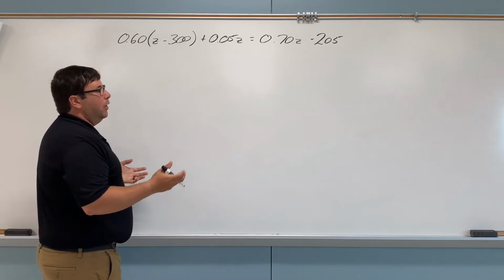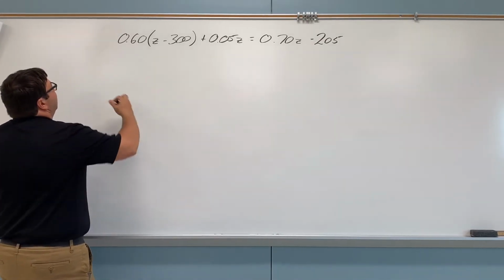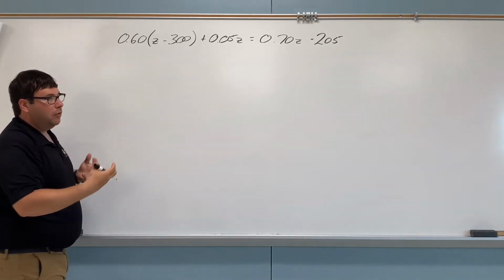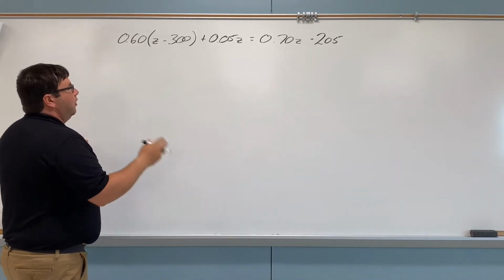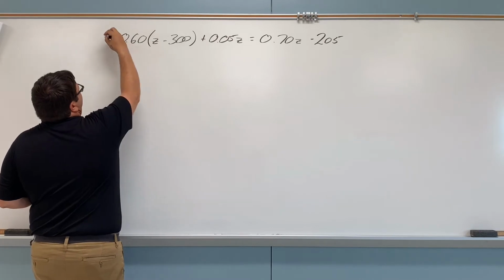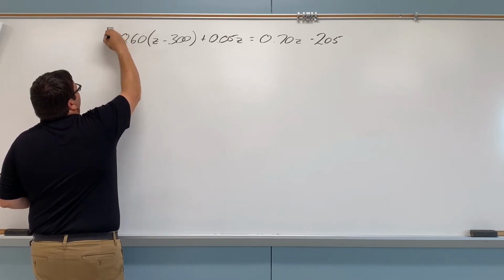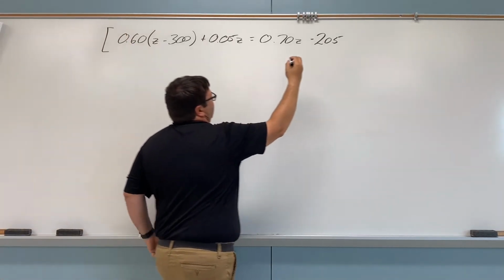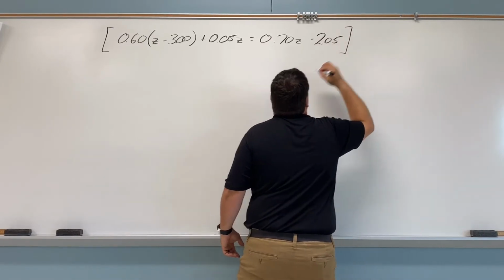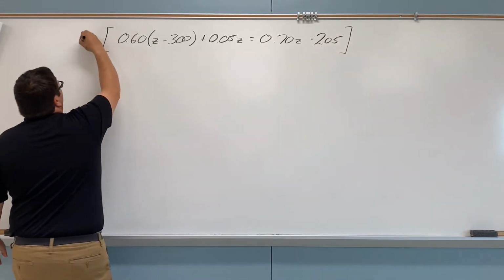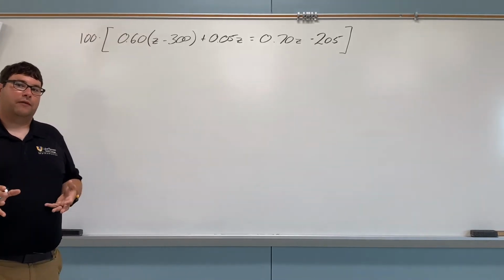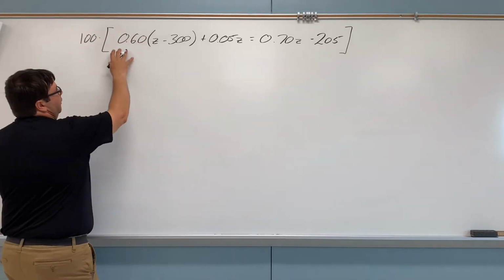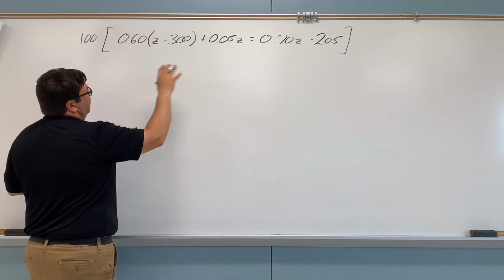To do that, we're going to multiply by 100, because anytime you're clearing a decimal, you're going to multiply by factors of 10. So 100 clears two decimals. So we're going to multiply this entire problem by 100. Now, what that does for me is it clears my decimals through each one of these products.